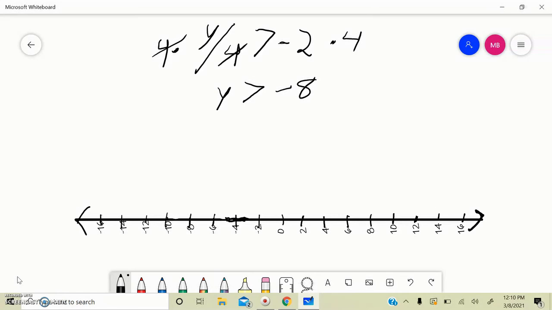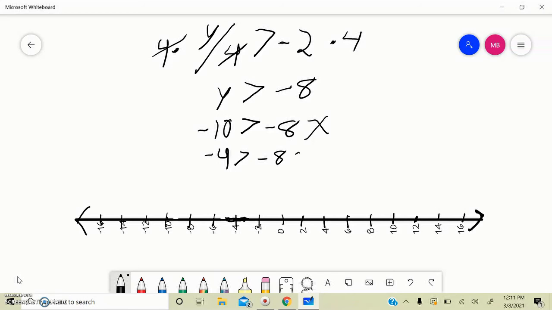Let's pick some numbers and let's test them out. Okay, let's see. Negative 10 is greater than negative 8. Well, is this right? No, it's not right, because as I get farther away from 0, the smaller my number gets. So that doesn't work. Let's take a look at negative 4 is greater than negative 8.